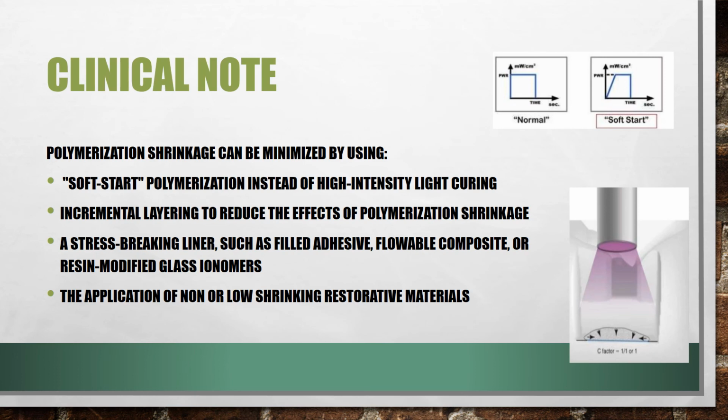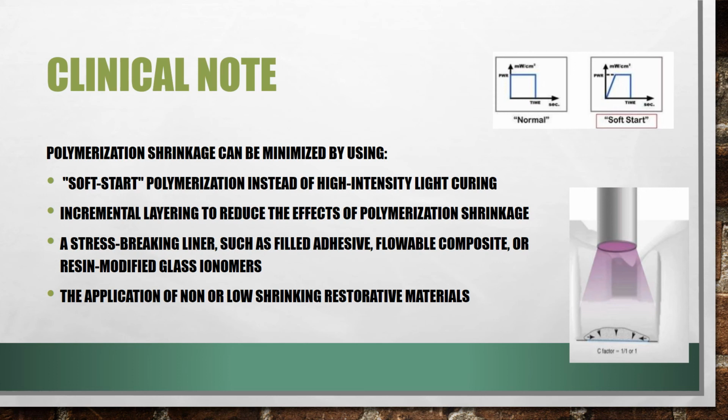So now, which are the various ways in which you can minimize the polymerization shrinkage? So the first way can be to start a soft start polymerization instead of a high intensity light curing. Now we know about the composite, that first we are going to apply the etchant, then we are going to apply the bonding agent, and then we are going to apply the composite, and then we are going to set this composite with the help of the light curing.